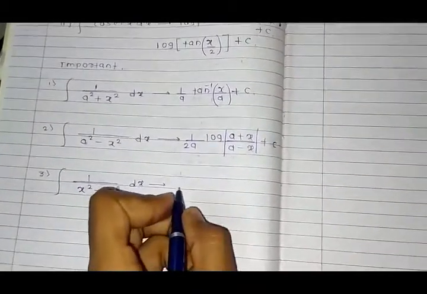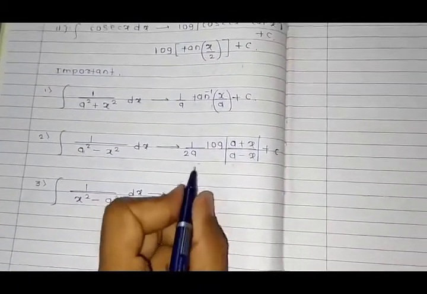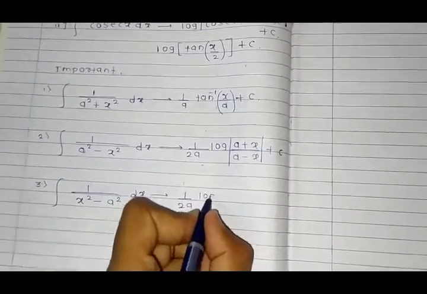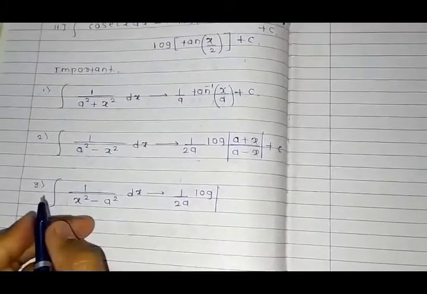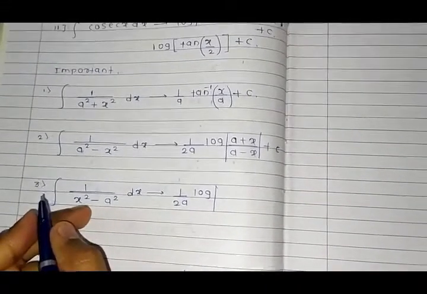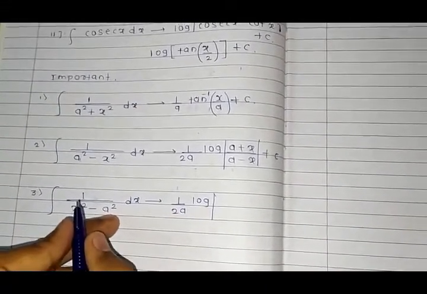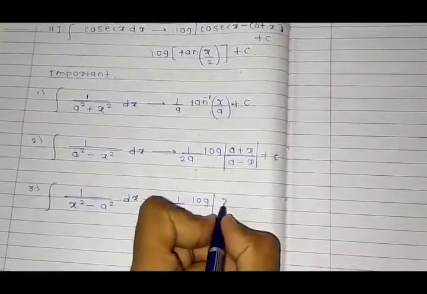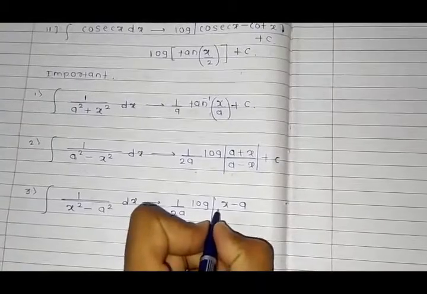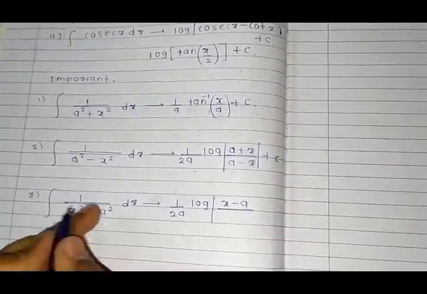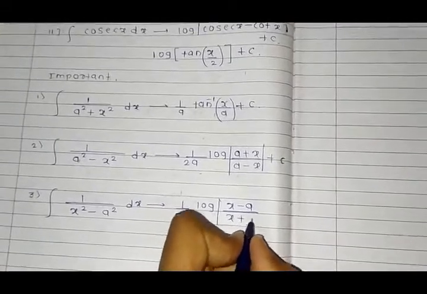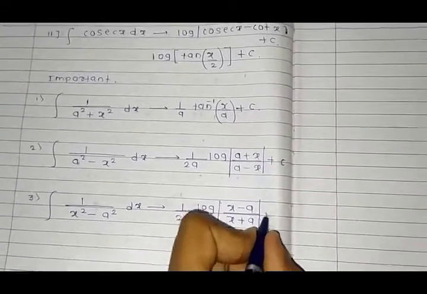The integration is 1 by 2a log of x minus a over x plus a, plus c.